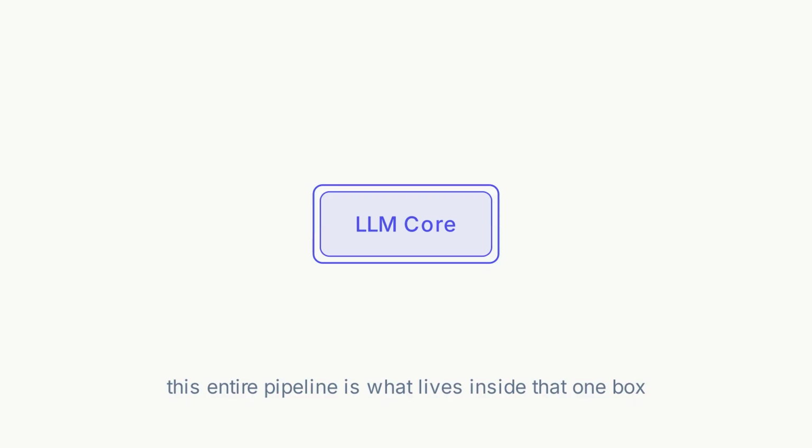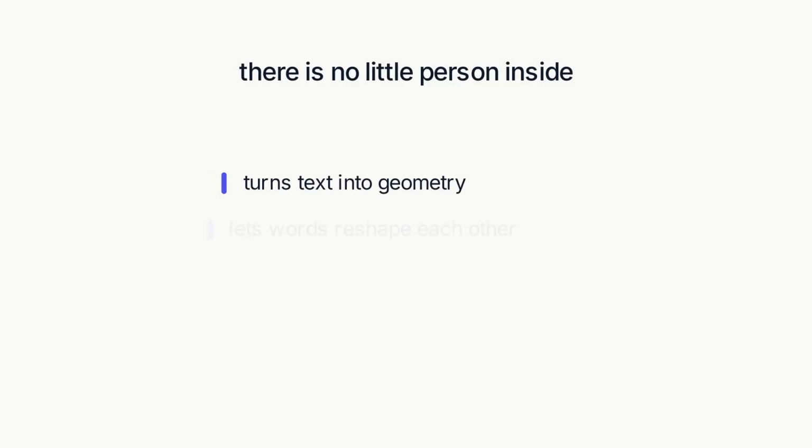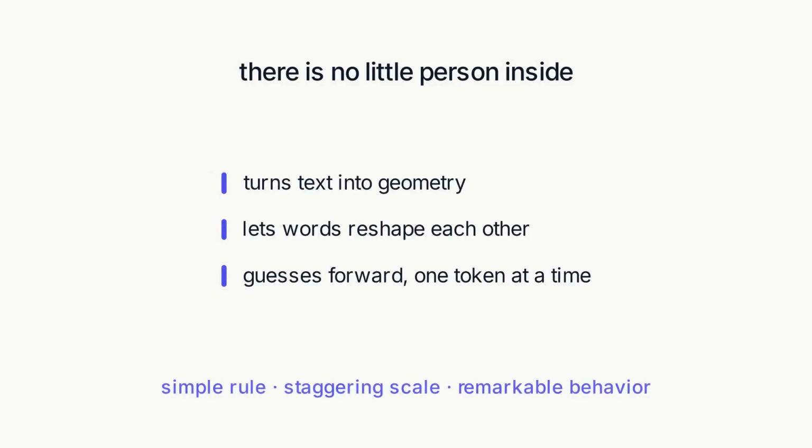Remember the language model core, that single sealed square from our agentic AI diagram. This entire pipeline, all of it, is what lives inside that one square, the box you have been trusting to power your agents. Now you know exactly what's in it. And here's the thought I'd love you to carry away from this. There's no little person inside, no hidden database of facts being looked up.